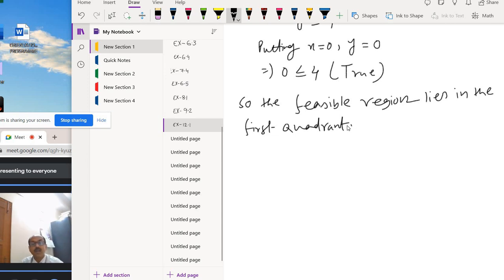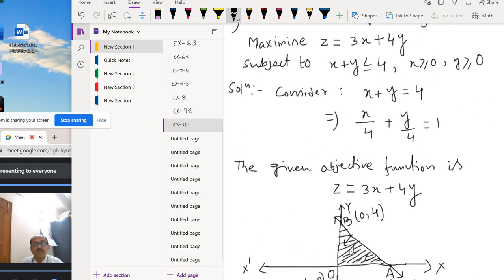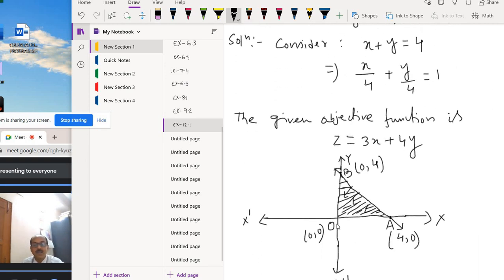Okay, now find the corner points of this region. So what are the corner points?